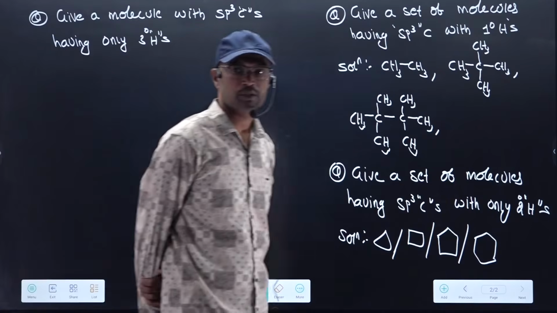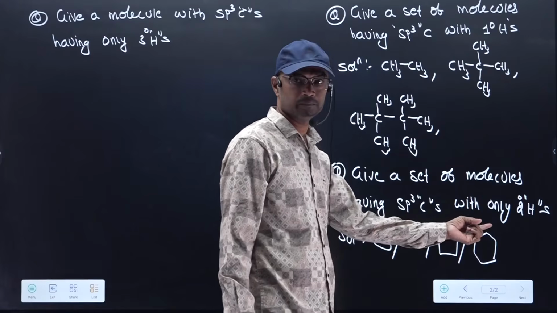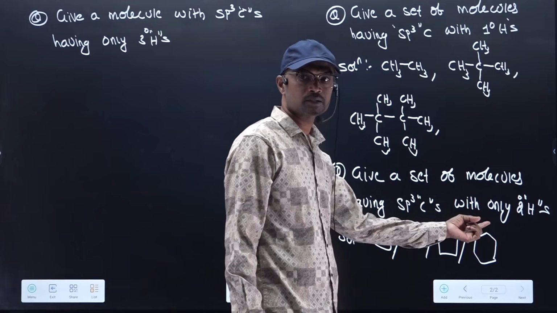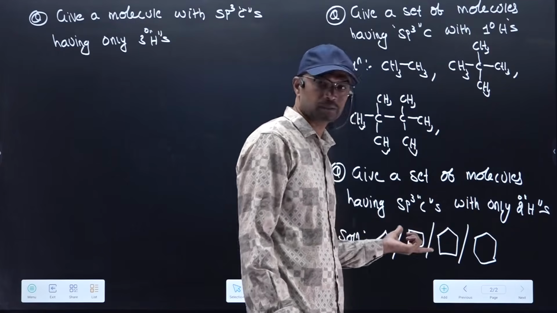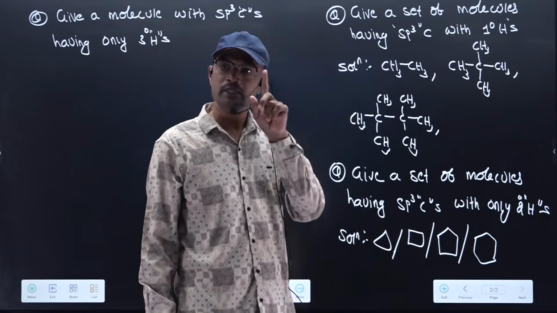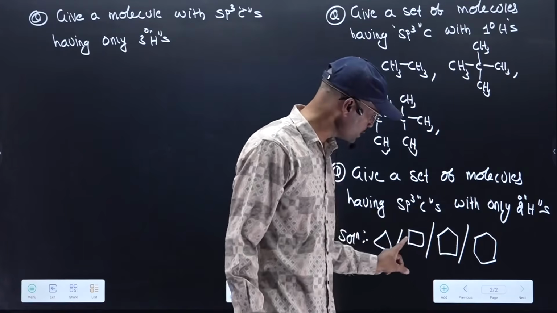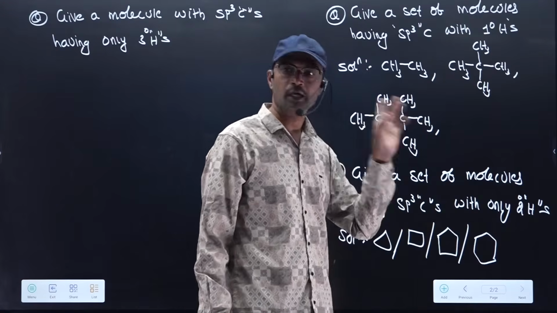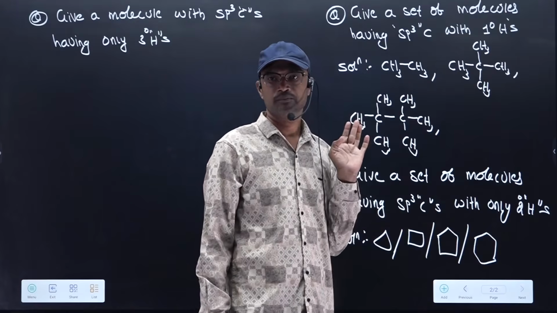Try to understand the question. Here what are the hydrogens? Secondary. What is the hybridization of carbons? sp3. Each and every carbon is sp3, and they should carry only secondary hydrogens. Matching? They never carry primary, never carry tertiary.